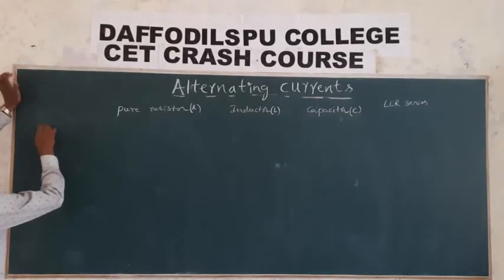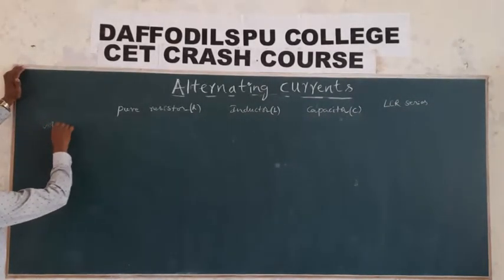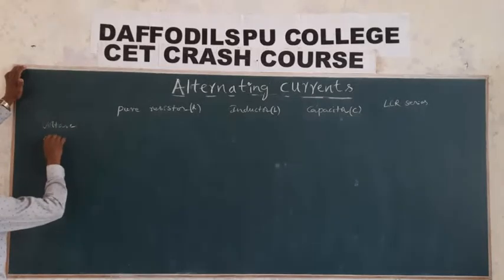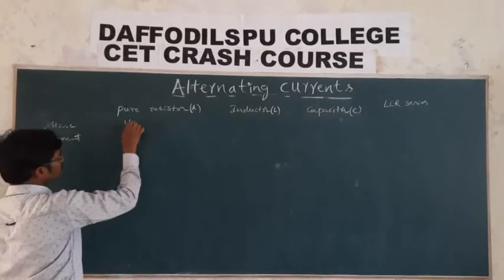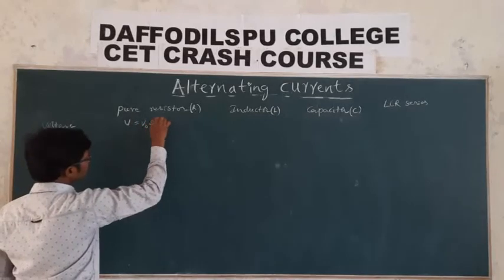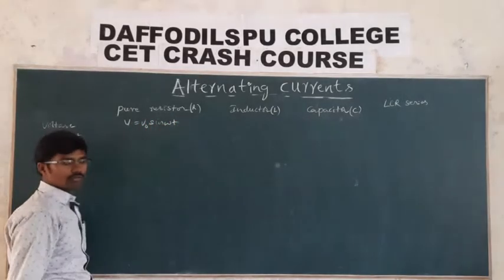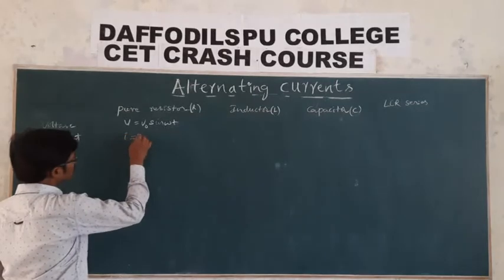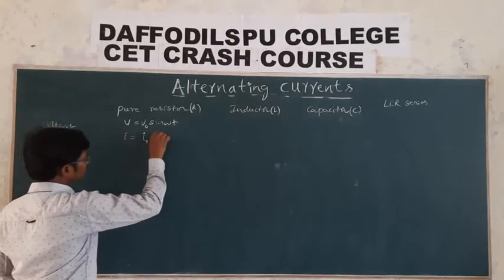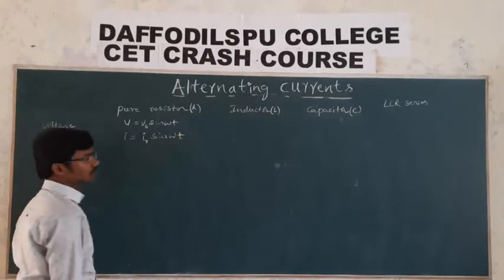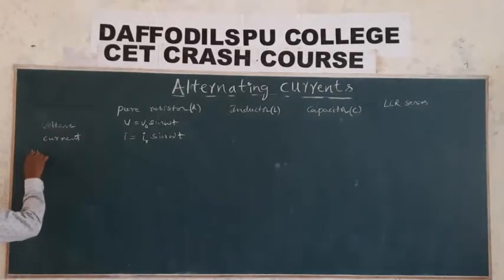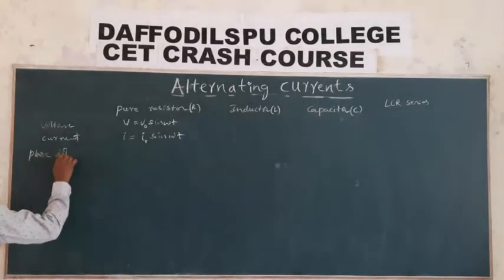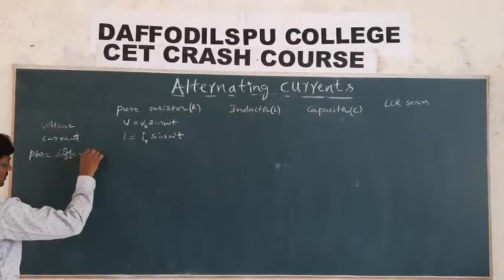What is the instantaneous voltage and current? Now for a pure resistor circuit, V is equal to V naught sin omega t, whereas current is equal to I naught sin omega t. Then what will be the phase difference? The phase difference is 0.